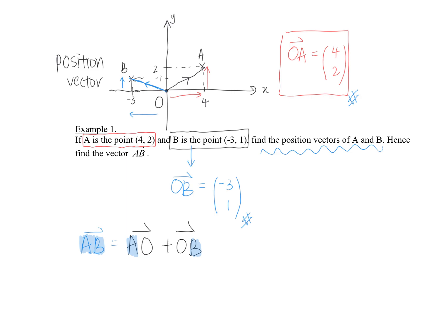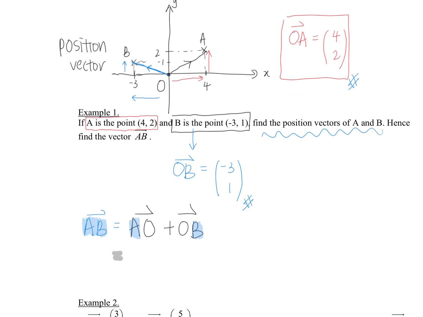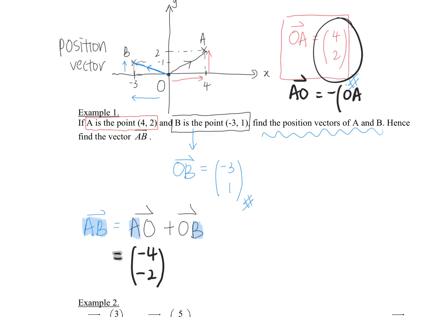So I put in my AO now. I have OA, I don't have AO. So what do you think I need to do to this? Reverse the sign, right? So it becomes (-4, -2). AO becomes negative of OA. Remember that. When you change the direction, you reverse the sign.